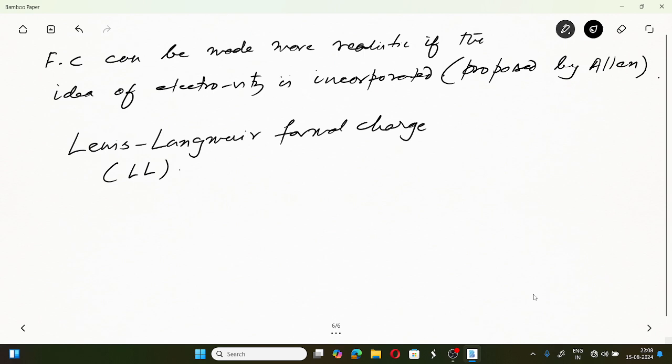Now this Lewis-Langmuir formal charge, suppose AB is the molecule, for example.